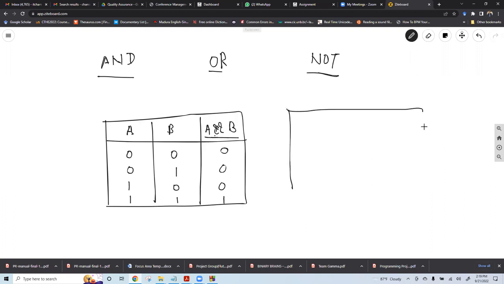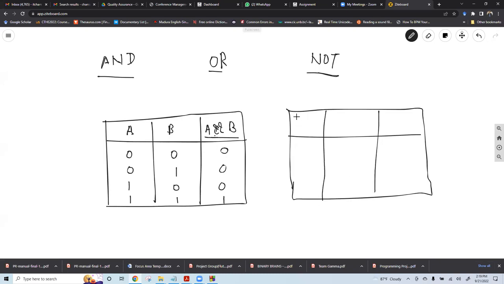Similarly, we can find or. Or is given or represented in programs like this.